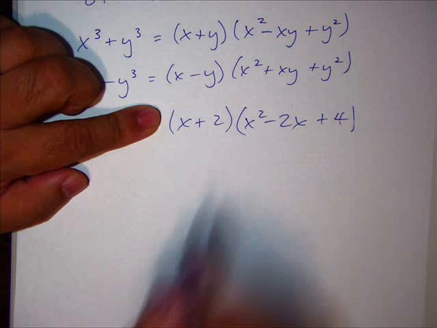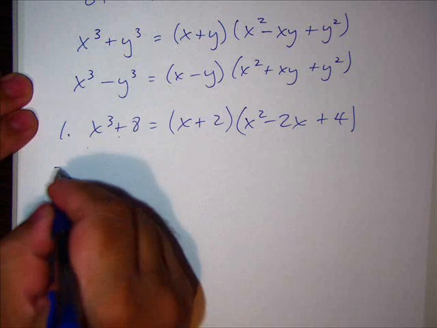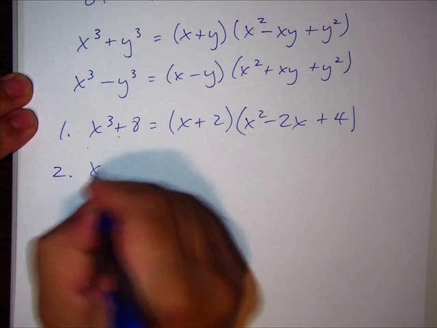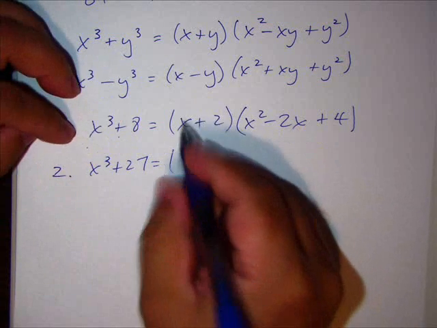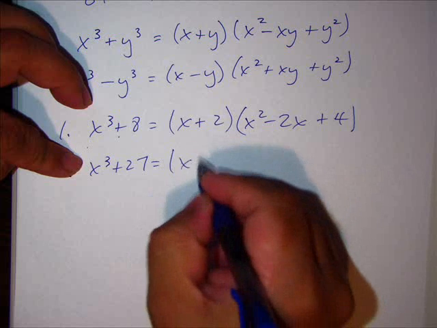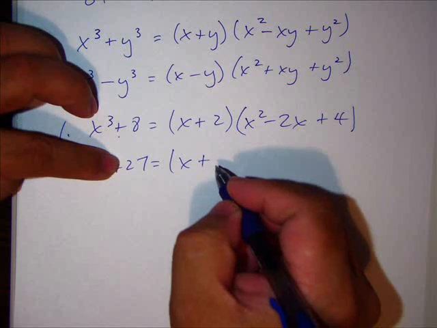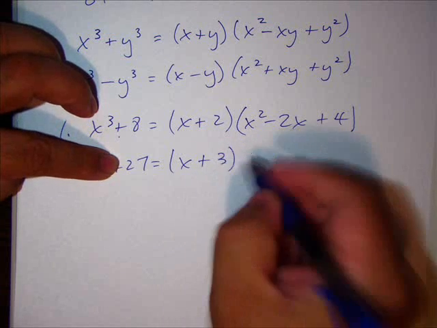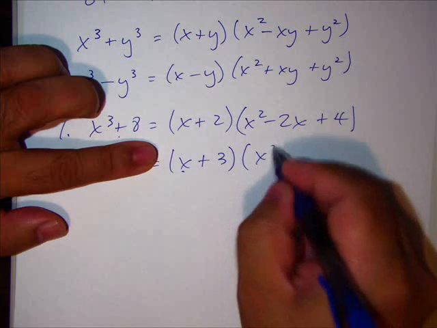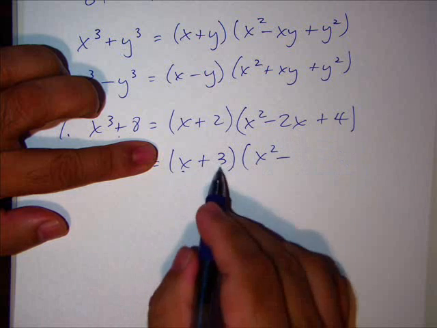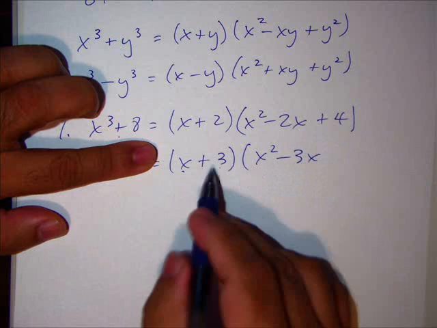Always adding the square of the second term. Cube root of x cubed. Keep the sign. Cube root of 27 is 3. X squared. Change the sign. 3 times x plus 9.